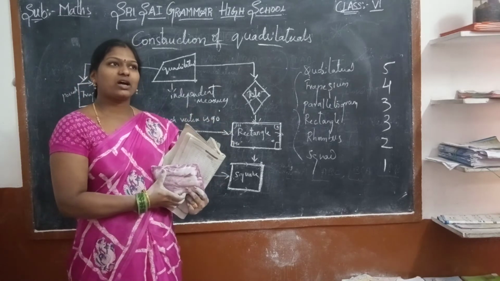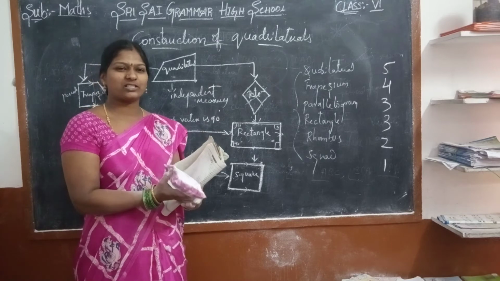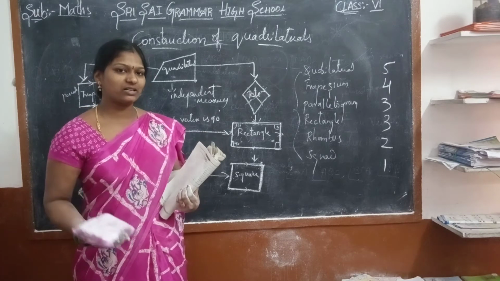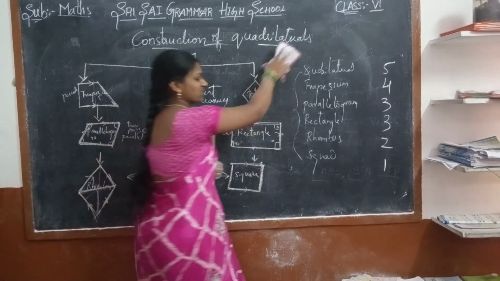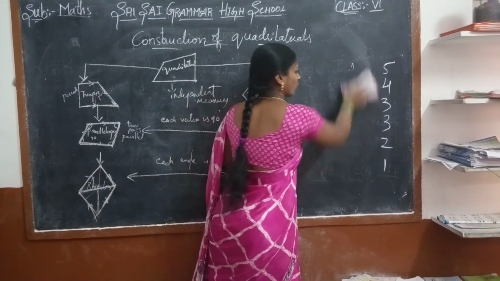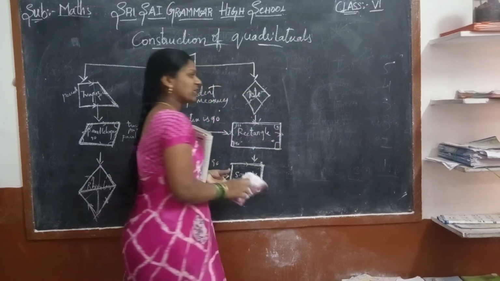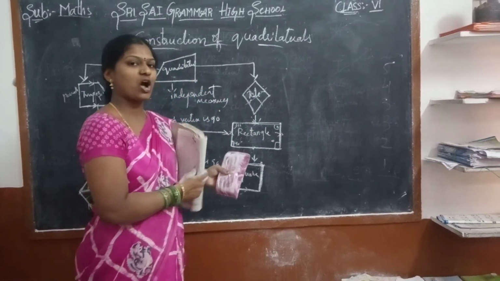Whenever a quadrilateral is formed, how is it constructed? By what is it constructed? By given sides. How many sides?